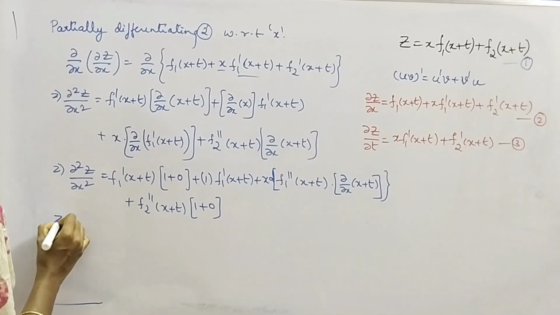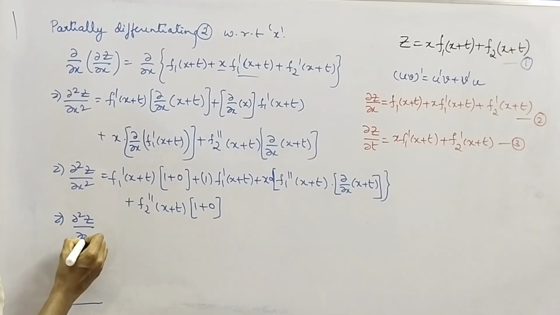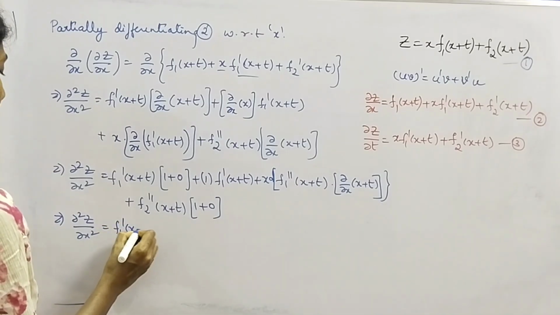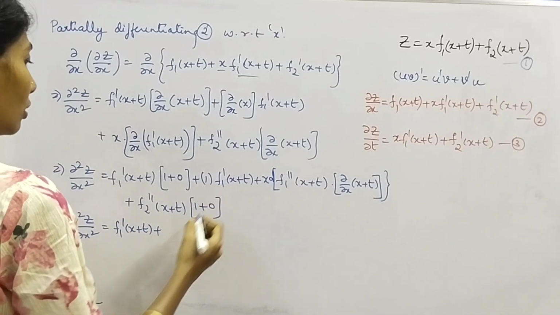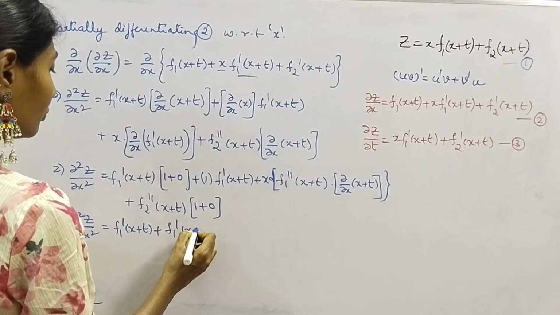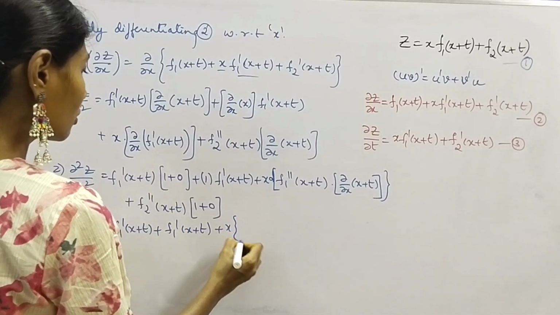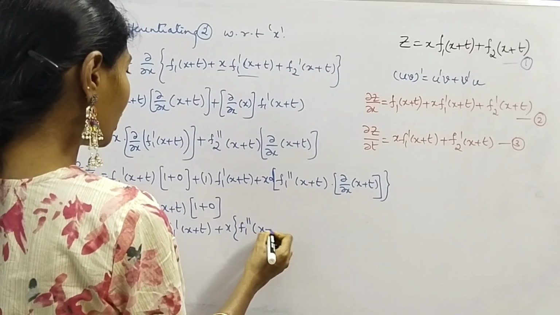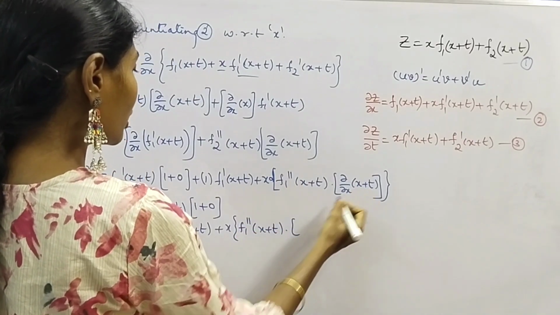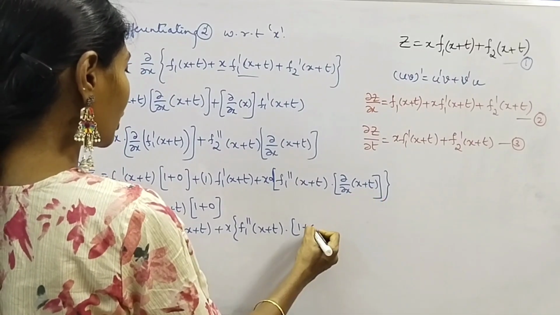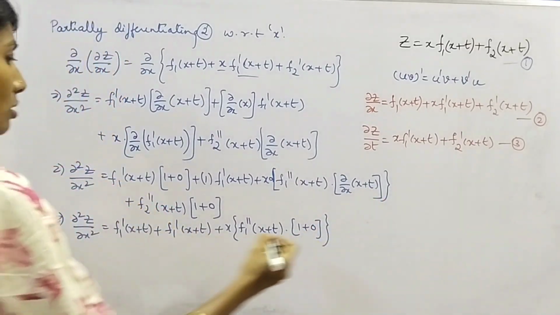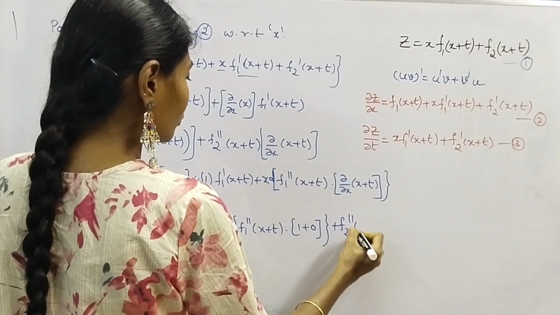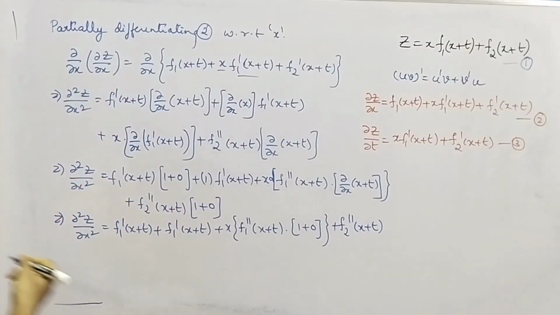Fine. Now this gives us dou square z by dou x square equal to 1 plus 0 is 1, 1 into f1 prime is f1 prime, 1 into f1 prime is f1 prime, plus x times f1 double dash of x plus t into partial derivative of x with respect to x is 1 plus partial derivative of t with respect to x is 0, plus 1 plus 0 is 1, 1 into f2 double dash is f2 double dash, right?